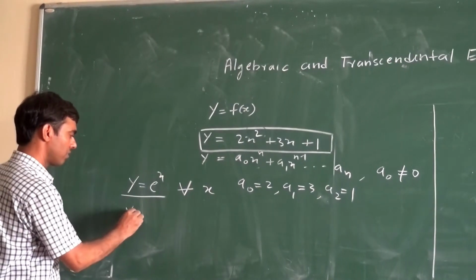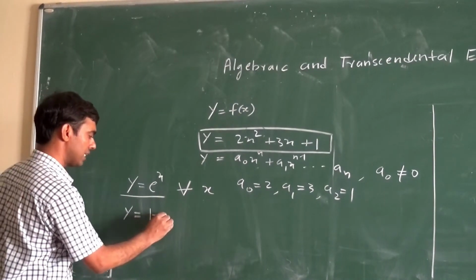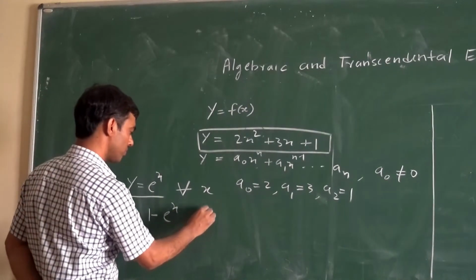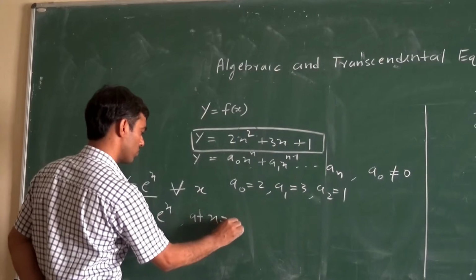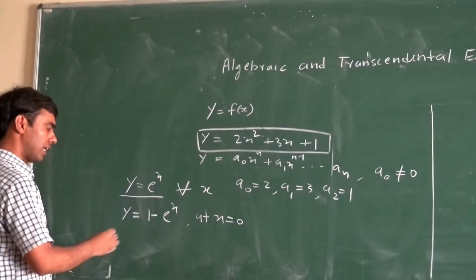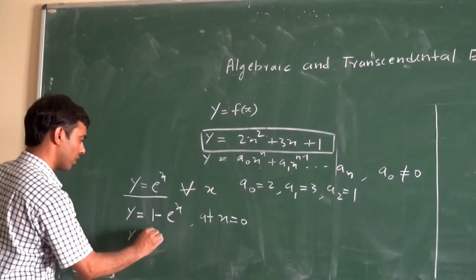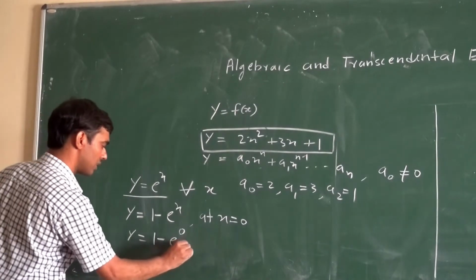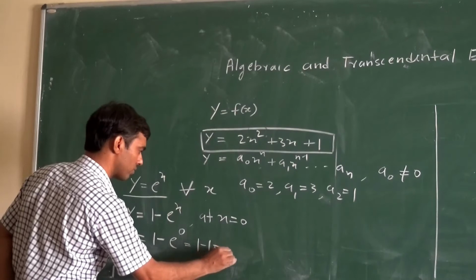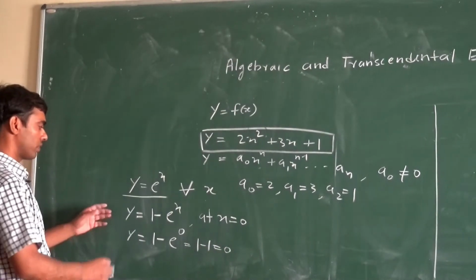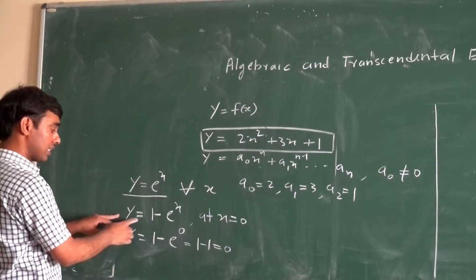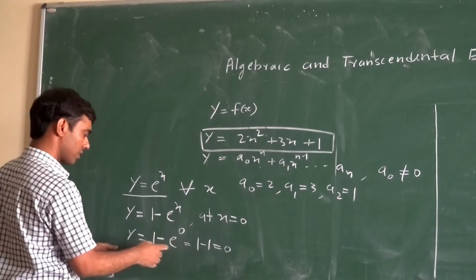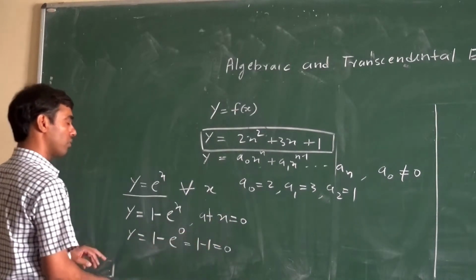But if we write y = 1 - e^x, then at x = 0, y = 1 - e^0, which becomes 1 - 1, equal to 0. So this transcendental equation has a solution: x = 0 is one solution.